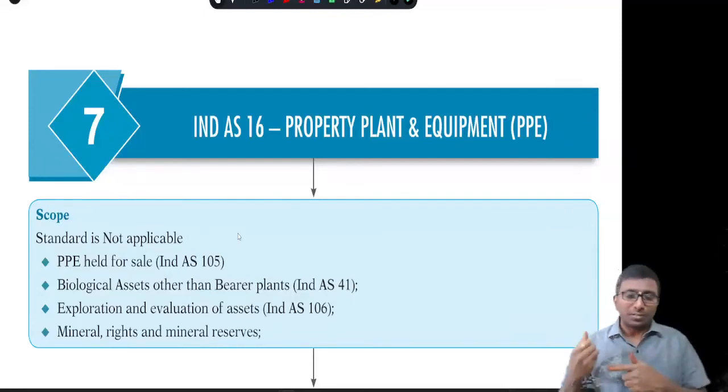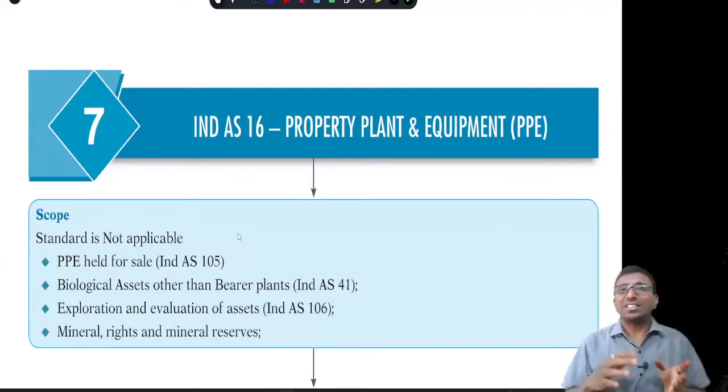Bearer plants we'll discuss a little later. Bearer plants are nothing but self-constructed property, plant and equipment. Next, this standard is not applicable for exploration and evaluation of assets, that is minerals, oil, ores, gases. These non-regenerative assets are not covered.